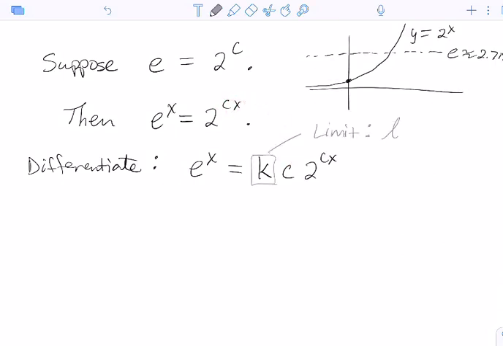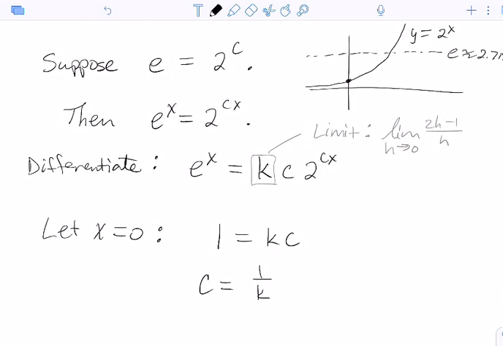This k is the limit that we saw earlier, the limit as h approaches 0 of 2 to the h minus 1 over h. Now, if we let x equal 0, then on the left-hand side, we have 1, and on the right-hand side, we have k times c. This is great because since we know what k is, we can solve for c. We can see clearly that c is equal to 1 over k.